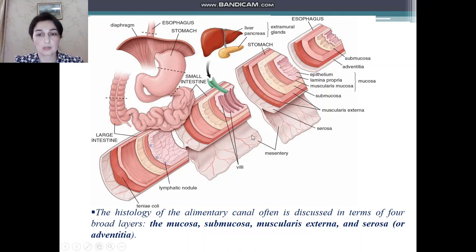It depends on the organ. If the organ is surrounded by peritoneum, the outermost coat will be serosa. In that case, the connective tissue is covered by simple squamous epithelium, the mesothelium. But in the esophagus, the connective tissue is fused with the connective tissue of surrounding elements.